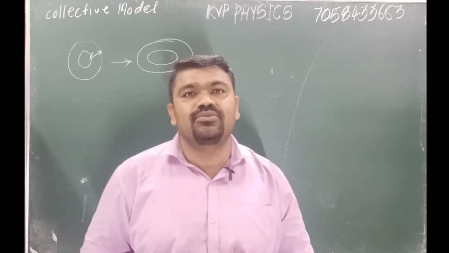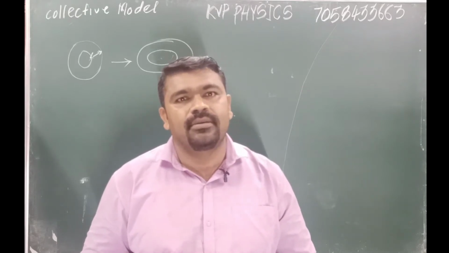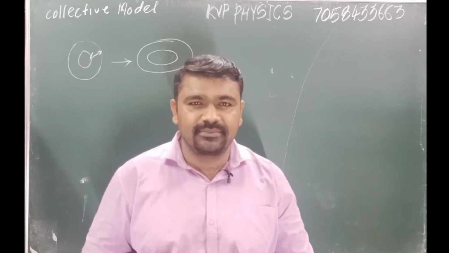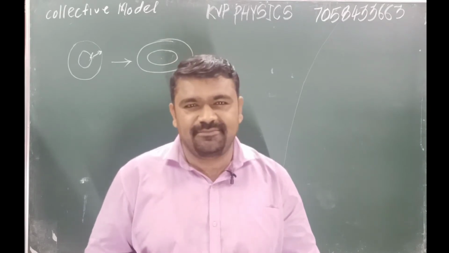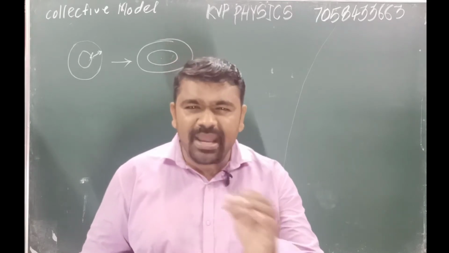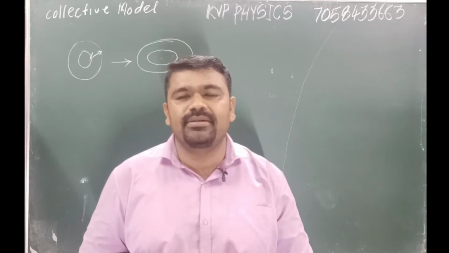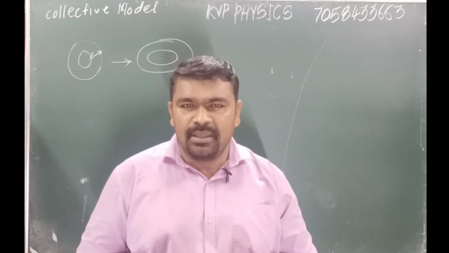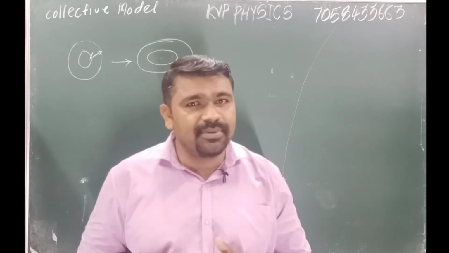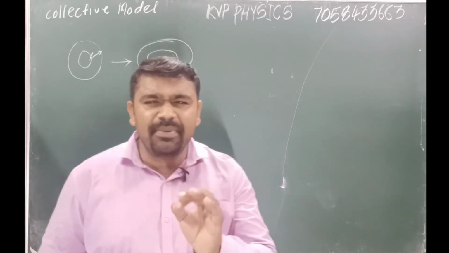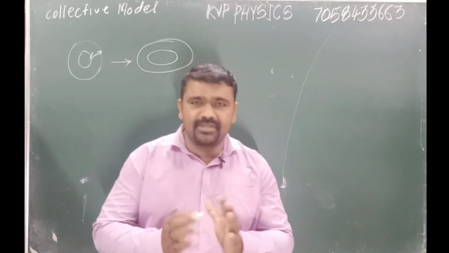However, it fails to explain the large value of the electric quadrupole moment in many cases and the deviation of the magnetic moment from the Schmidt curve, which makes this model less acceptable. These are the two basic drawbacks of the shell model.